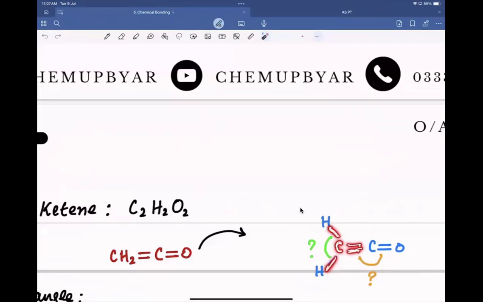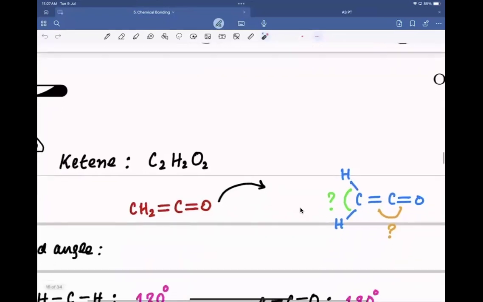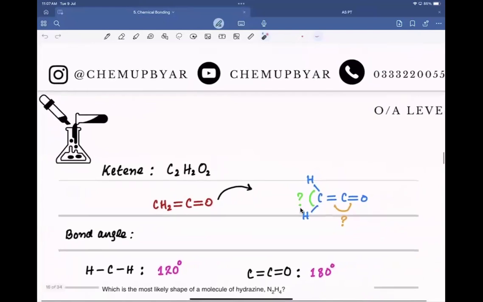See, 3 bond pairs and no lone pair. Trigonal planar. And over here the shape would be linear. Is this clear? Yes, sir.